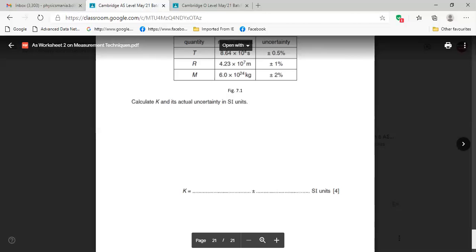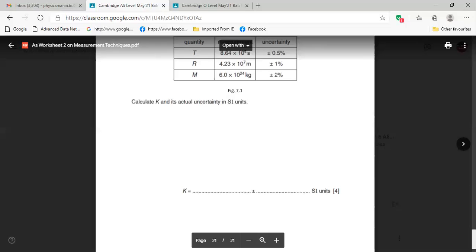So you should give a bracket, and over the bracket put the square. That is, 8.64 into 10 to the 4, all squared. Maybe you made a mistake over there.